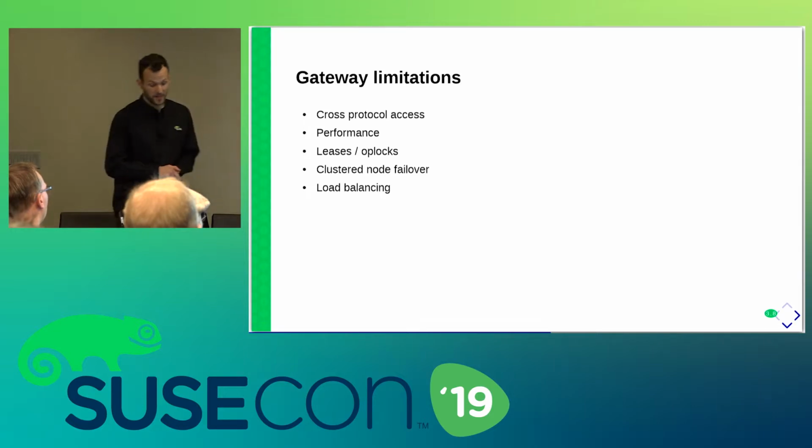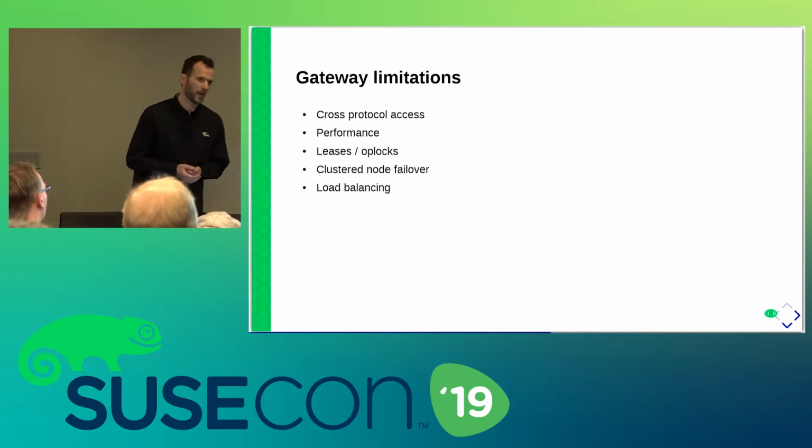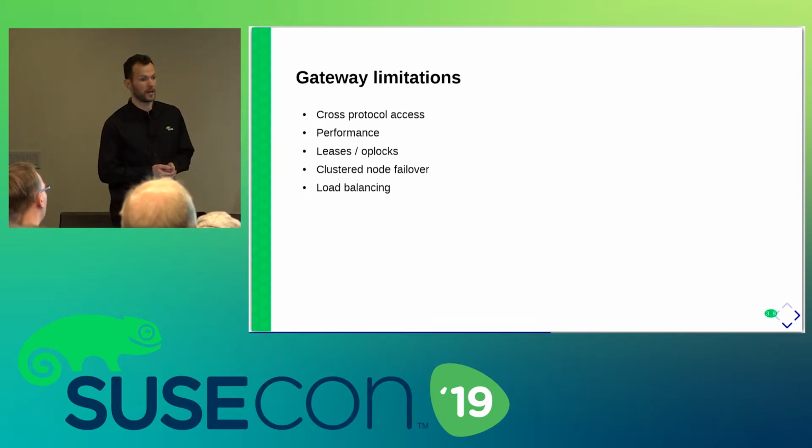At this stage, at least within SUSE Enterprise Storage, it's a new feature. We had it in tech preview with SES 5, and with SES 5.5 we went to full support, but we still have some limitations in the existing implementation.